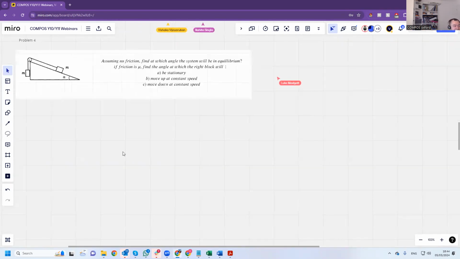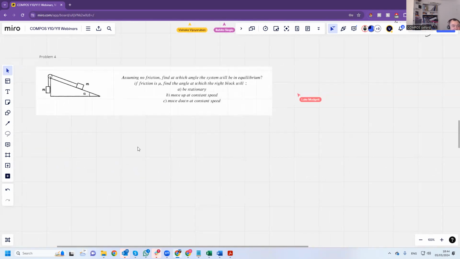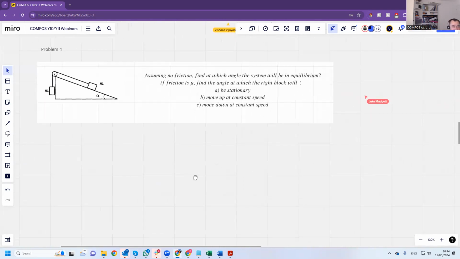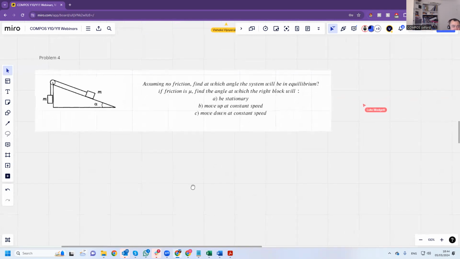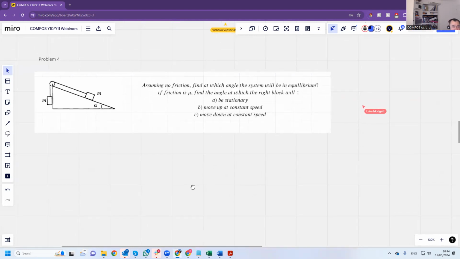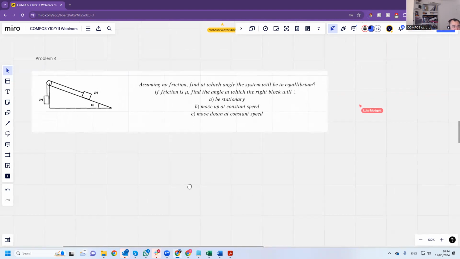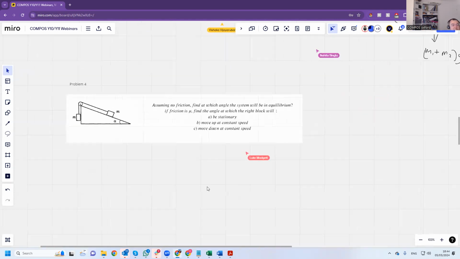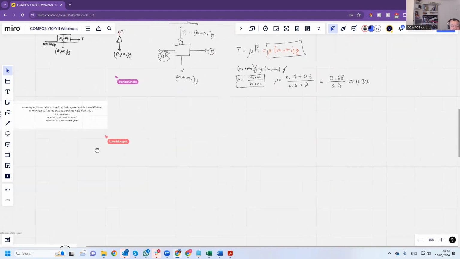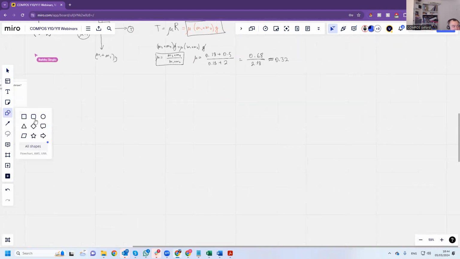Assuming no friction, find at which angle the system will be in equilibrium. Okay. Can I just make some space?